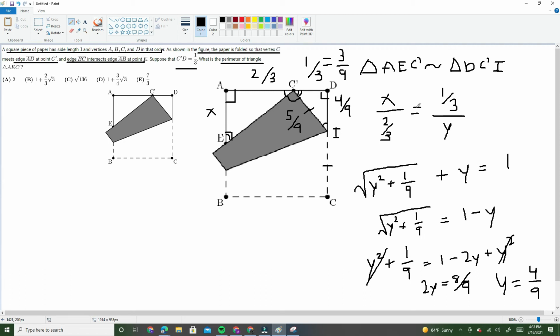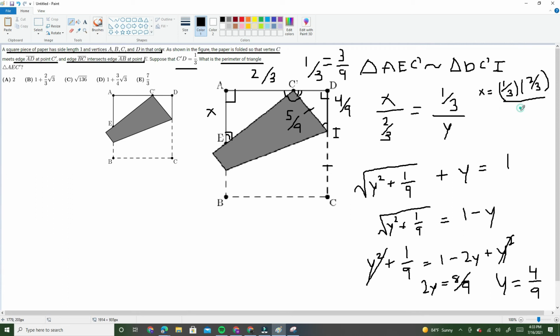We also know that this triangle EAC prime is similar to triangle C prime DI. And we also set up a ratio, a proportion between the sides. So now we can actually solve for the x in this expression as being the value of 1/3 times 2/3 by y.